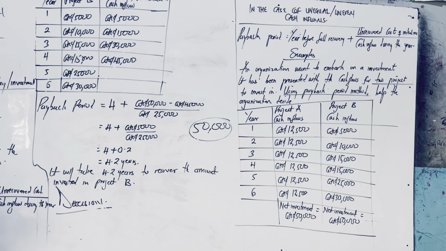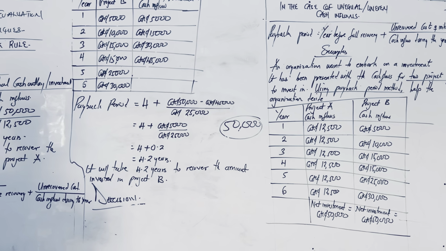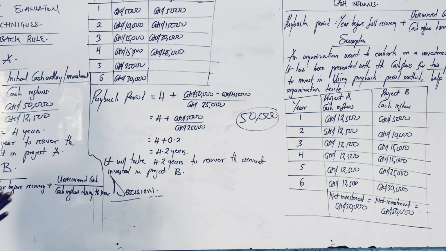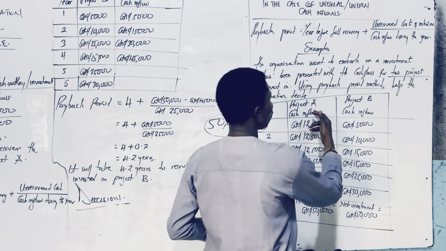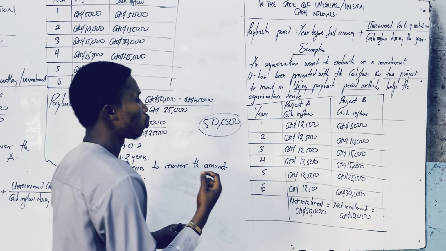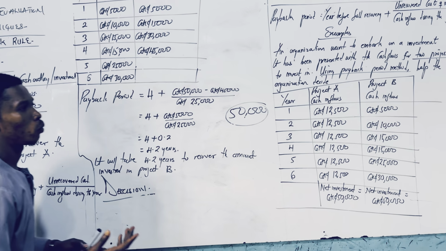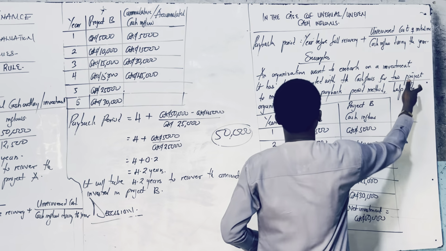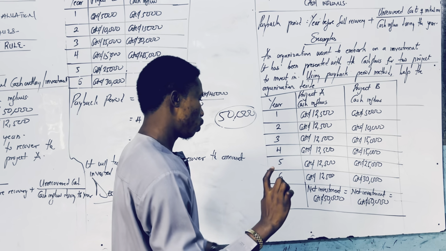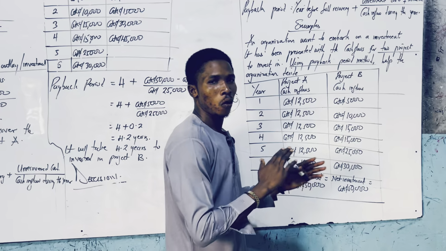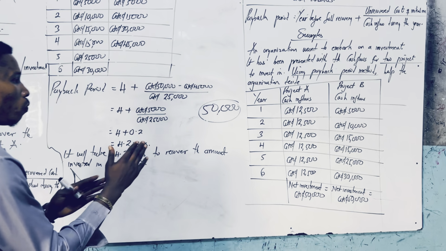Now remember, in our tutorials, I told you the decision rule is such that if we are comparing two projects, you select the project with the shorter payback period. So here we are going to advise, because the question is saying we should help the organization to decide. The organization has 50,000, but they are contemplating which of these two to invest in.